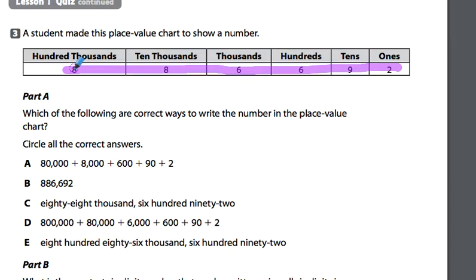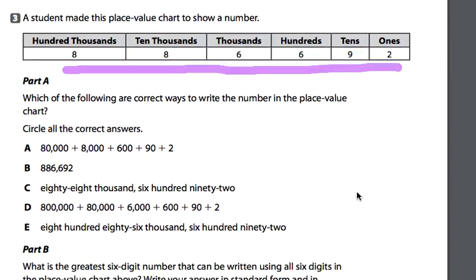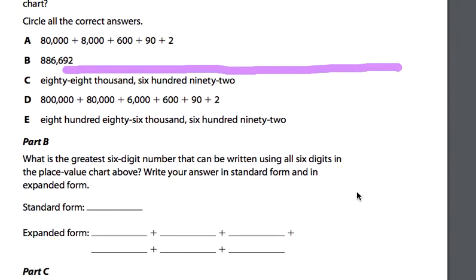You're going to rearrange these digits, okay? You have 8, 8, 6, 6, 9, and 2. How can you rearrange those digits? You can put them in any order you want to create the greatest. You want to create the greatest, that means the number with the most value, the highest value.